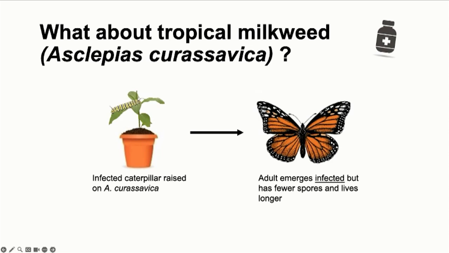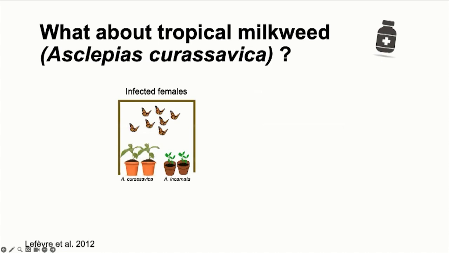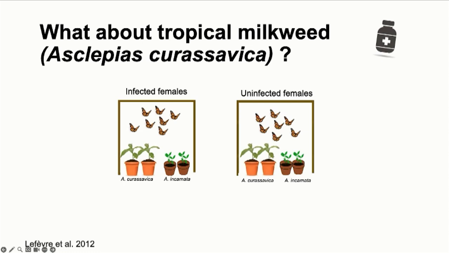Another interesting thing that we have learned over time about tropical milkweed is that there's some preference for infected females to use curassavica. So in an experiment, researchers put infected females and gave them a choice to either lay their eggs on curassavica or incarnata, which is a native swamp milkweed with fewer of those toxins. And they compared that to uninfected, so healthy, females, who had the same choice between those two plants.